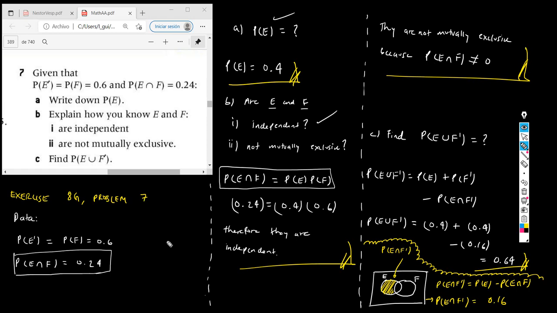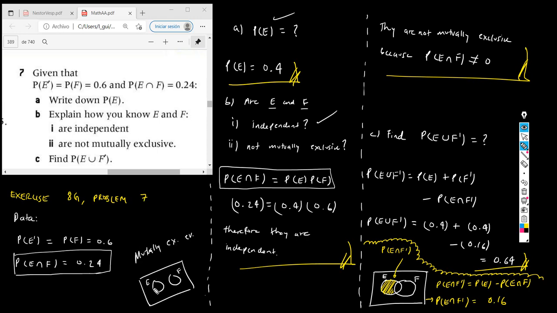And when you have, remember guys, let me do it right here. When you have mutually exclusive events, their Venn diagram looks like this. They are completely separated events, because that means that if this happens, then this doesn't. And if this happens, then this doesn't. So this is the Venn diagram for two events E and F, which are mutually exclusive.